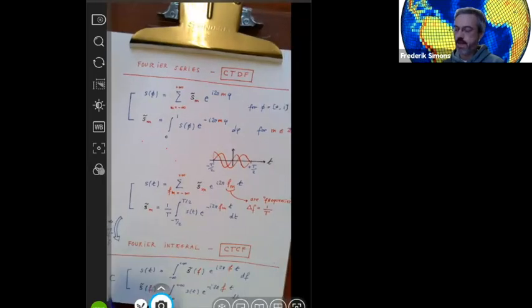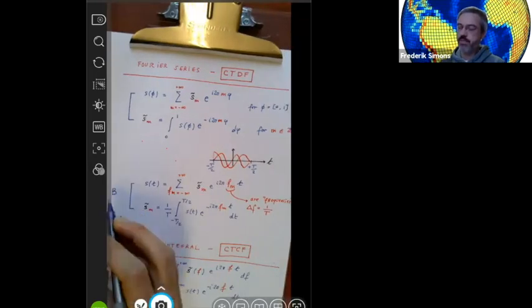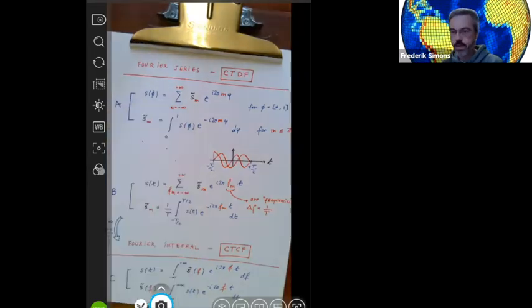If the previous one was B, and the previous to that was A. So A is the Fourier series pair on a unit interval. B is the Fourier series pair, transform pair, on an interval of length t. C is the Fourier integral pair of an interval that no longer is in play because it's really the whole real line.